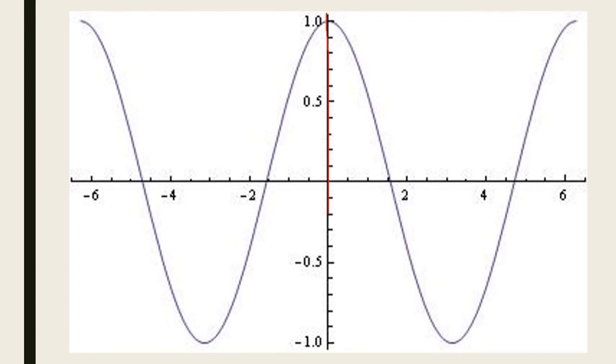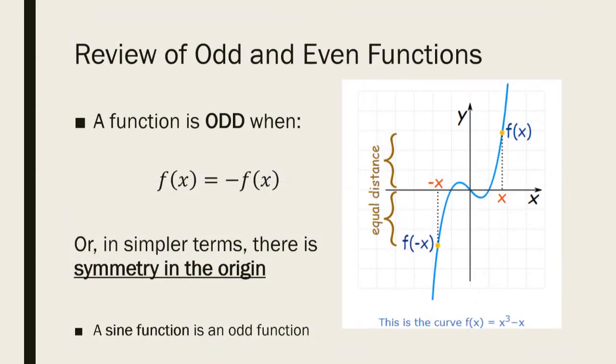Next, a function is odd when f of negative x is equal to negative f of x, or in simpler terms, there is symmetry in the origin. So we have the figure here. The curve is f of x equal to x cubed minus x. What we will be looking for here is that a certain point has an equal distance from its opposite point.